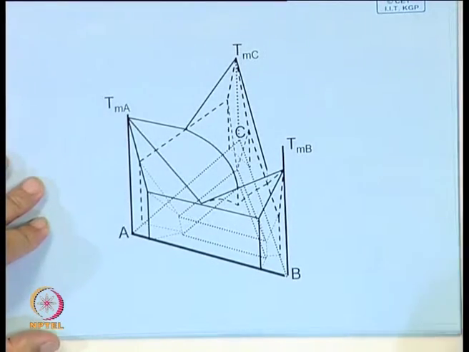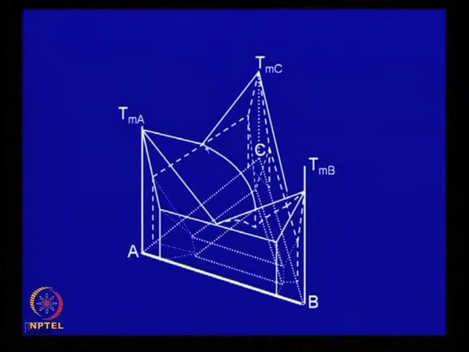Now, let us look at the nature of this diagram. These are the 3 axes. Here you look at this liquidus surface which is coming down from the melting point.